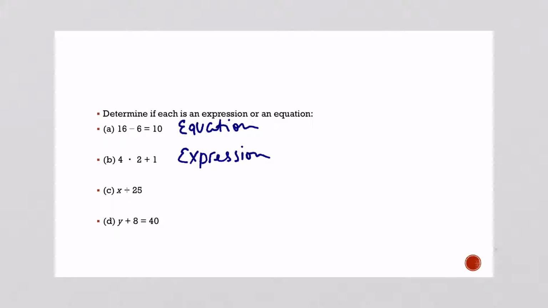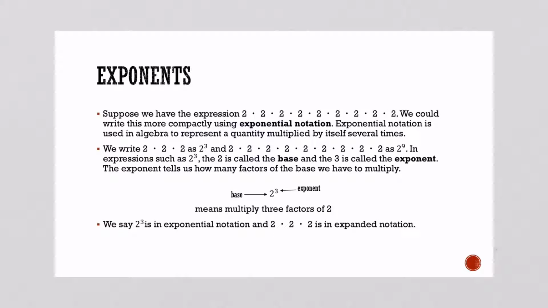Next one, again, no equal sign, so it's going to be an expression. This last one does have an equal sign, so it is an equation. Okay, so it's kind of important that you read through this page, so I am going to give you a little bit of an opportunity to read through this, and then we're going to talk about exponents.